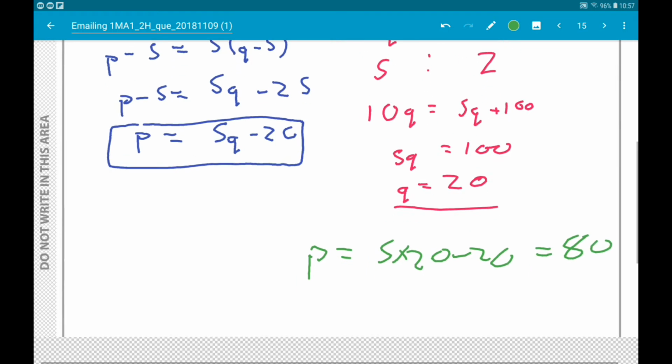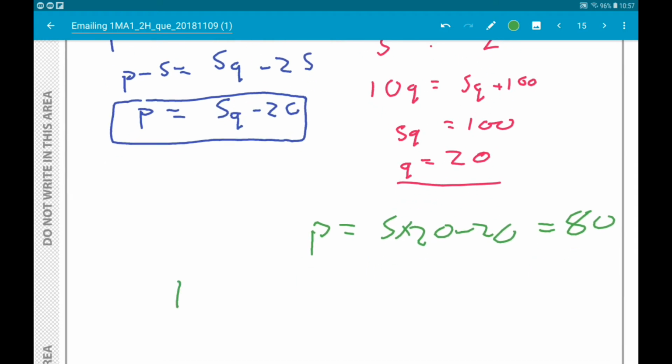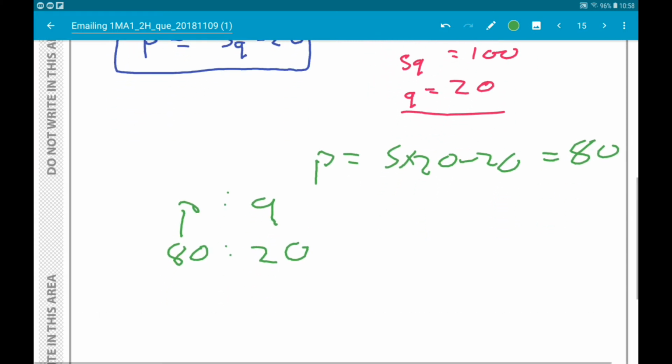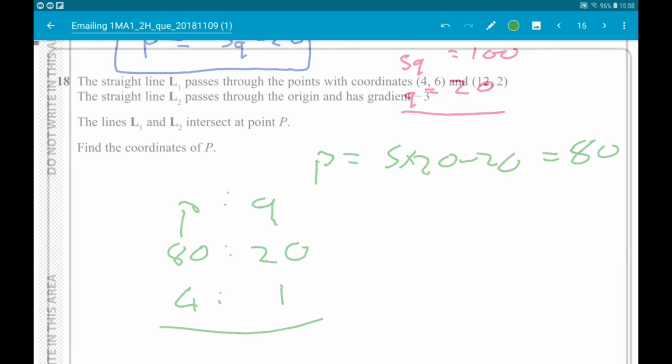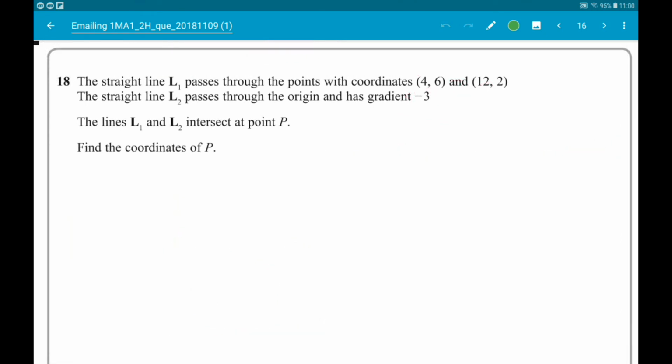So, P to Q are in the ratio then 80 to 20. There's a common factor of 20, so it's 4 to 1. Horrible question.